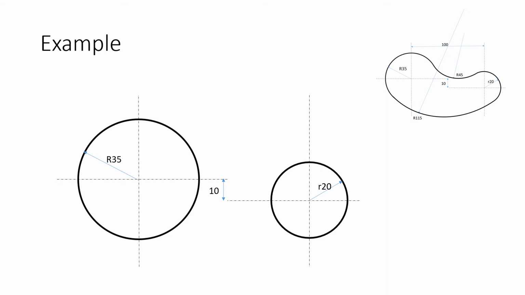Next, we're going to identify the tangent that we're going to need, and it's going to be an internal tangent of radius 115 units. We know it's internal because our two circles are going to be inside this circle here of 115 units.